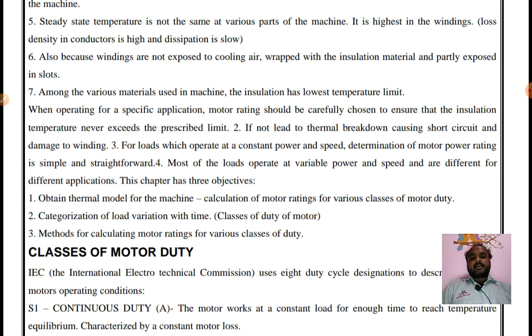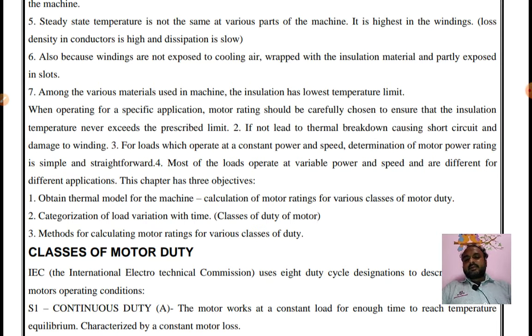Next, most of the loads operate at variable power and speed, and are different for different applications. So here we have three objectives. Mainly it is based on the motor operating and heat being produced, and those things we will discuss here.